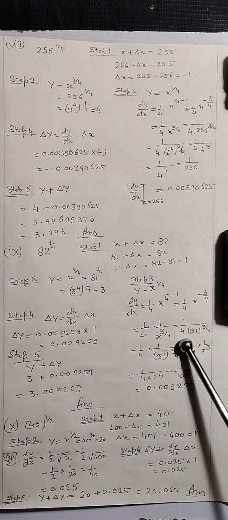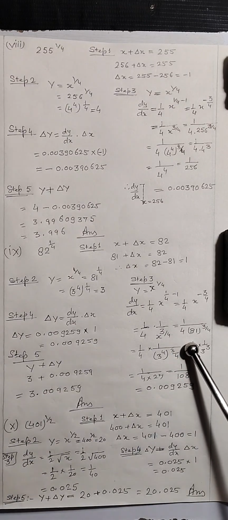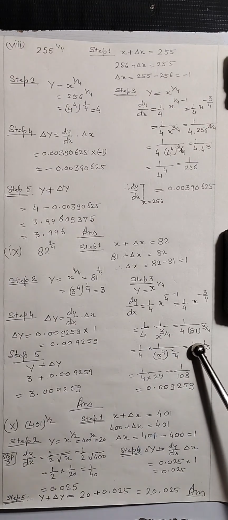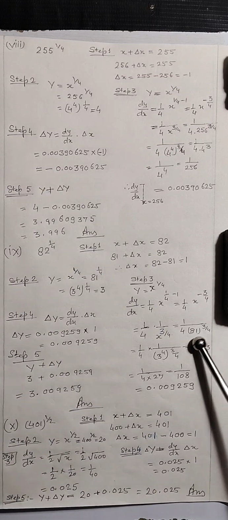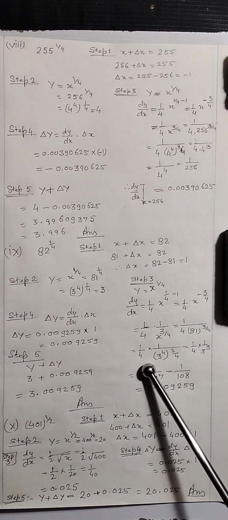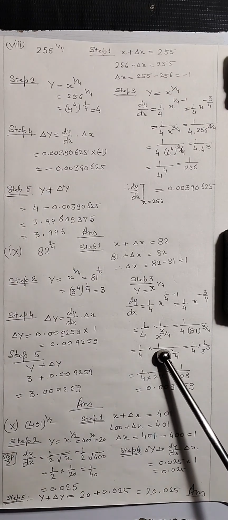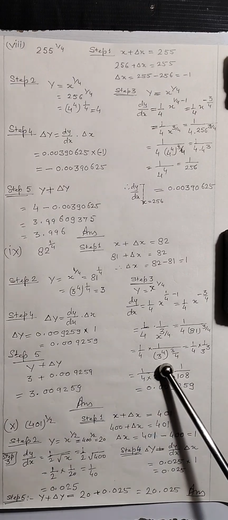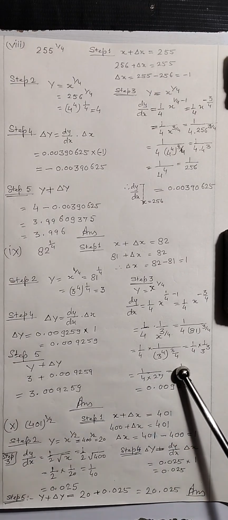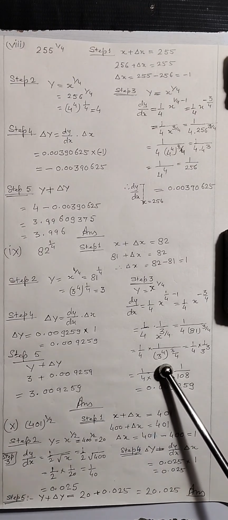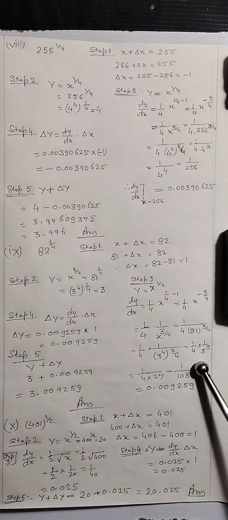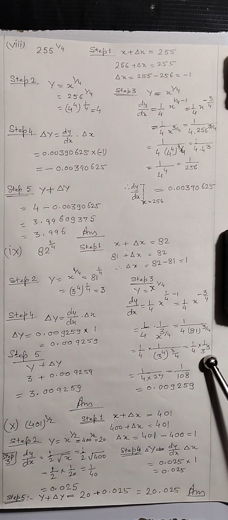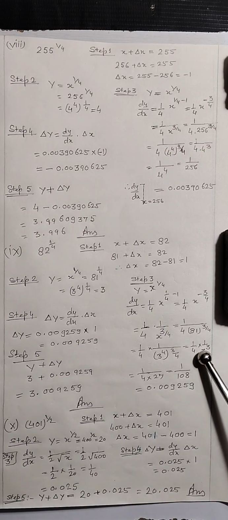Further, in place of x, you can write 1 by 4, 81 raised to power 3 by 4. 1 by 4 as it is, 1 upon 3 raised to power 4 whole raised to power 3 by 4. This 4 and 4 will be cancelled. 1 by 4 into 3 raised to power 3.